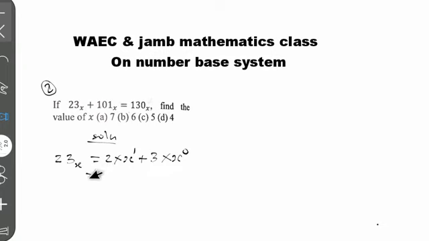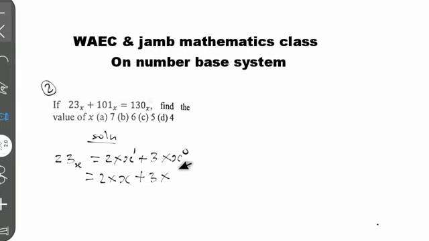So let's quickly solve this. S to the power 1 is S, so this one is 2 times S, plus 3 multiplied by S to the power 0. S to the power 0 is equal to 1. I said it in the previous class: any number with the power of 0 is always equal to 1.